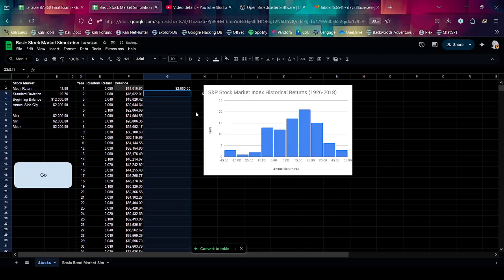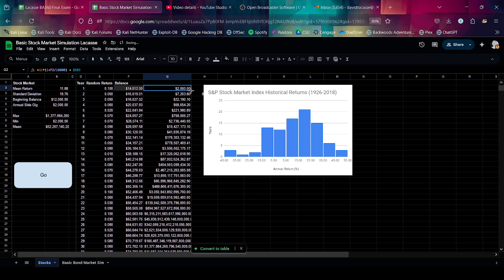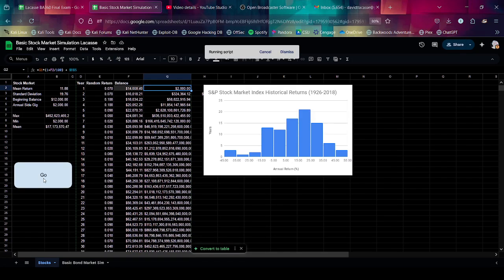I'm gonna delete that because maybe that's this. Oh, you know what? Let me just. Oop. All right. Still not great. And it defaults back to 100 if you hit run. It's something with the script. It is what it is.